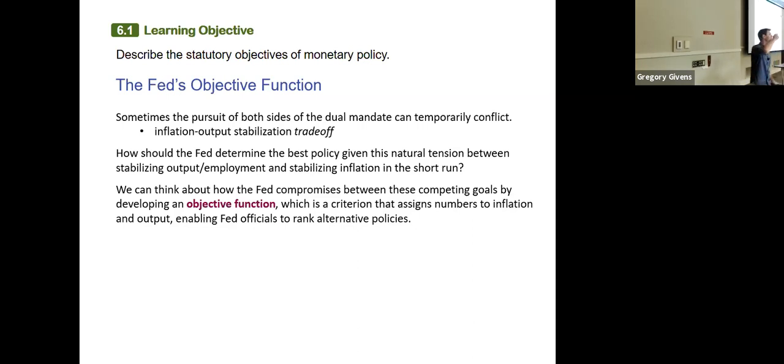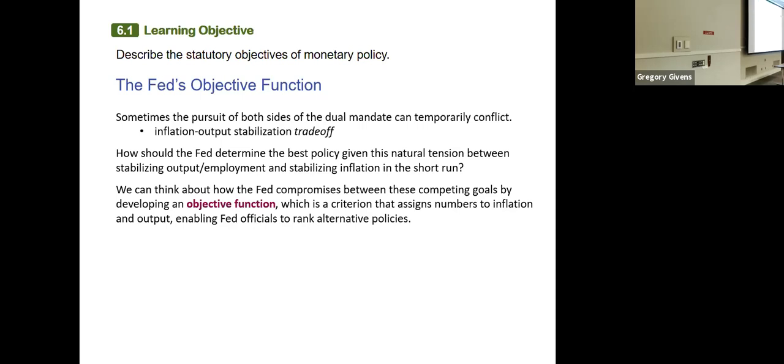You can think of this as analogous to a utility function for individual consumers, right? You may not realize it, but you have this internal utility function that you use to rank different combinations of your consumption and your work hours and your leisure hours. Well, the central bank's objective function is the same way.